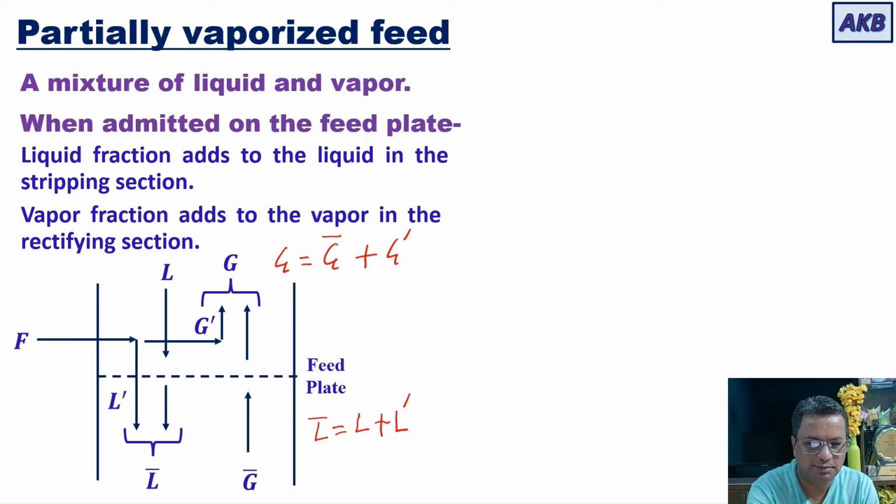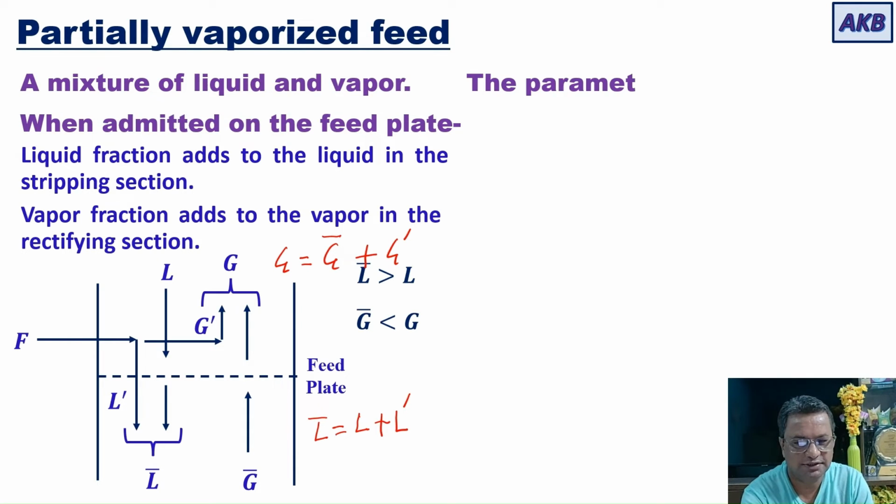So from these two relationships, you'll come to know that L bar is greater than L and G bar is less than G.